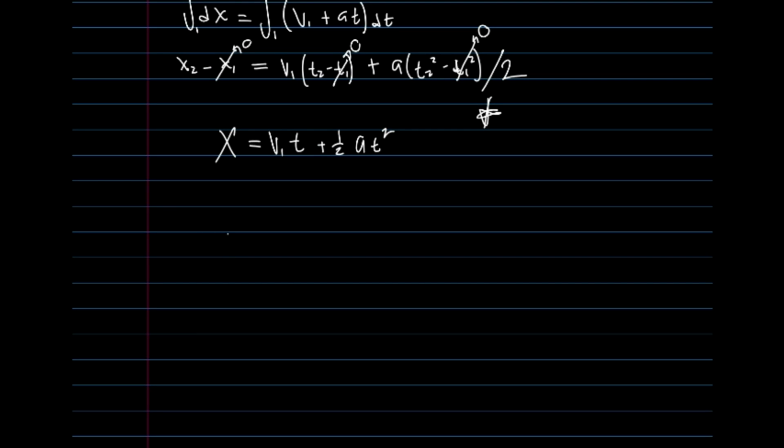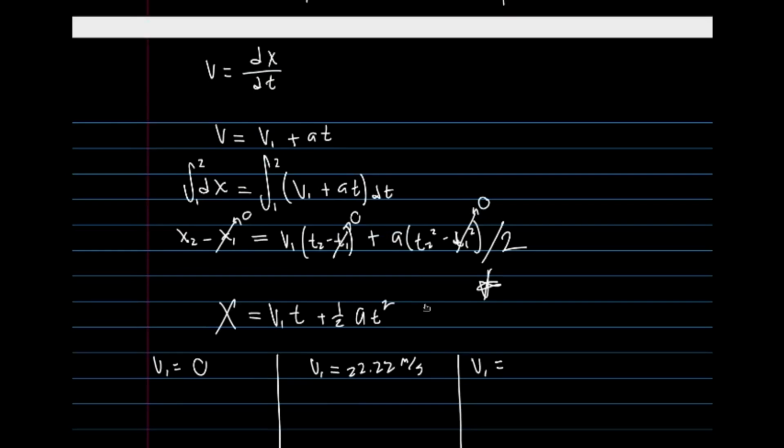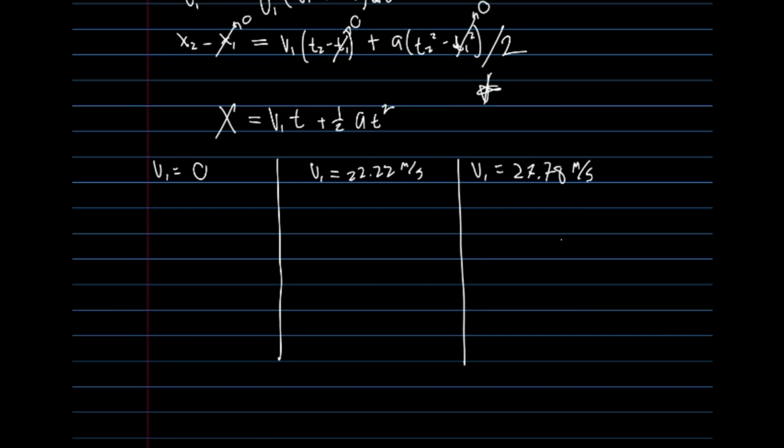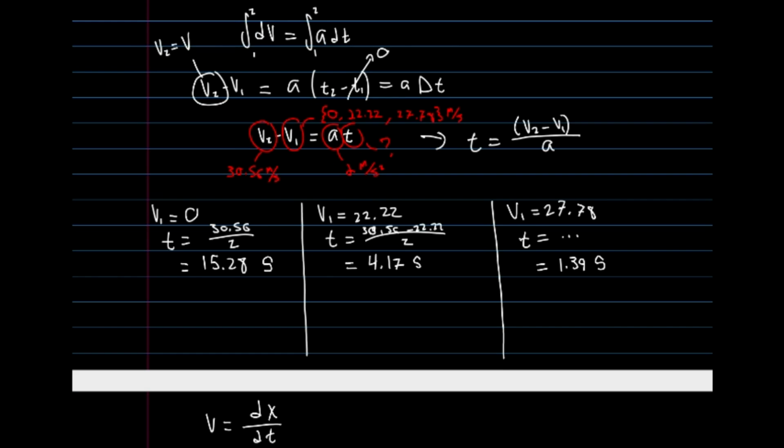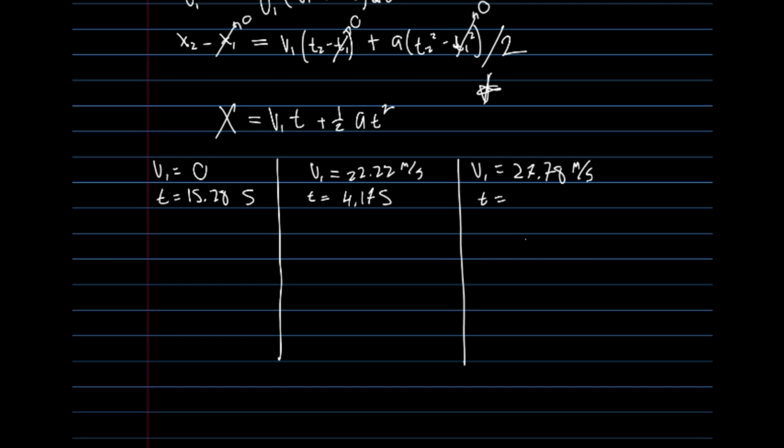So what do we have for the 3 different conditions? We have 0, 22.22, and 27.78 meters per second. We also have t equals 15.28 seconds, t equals 4.17 seconds, and t equals, I forget, 1.39 seconds.